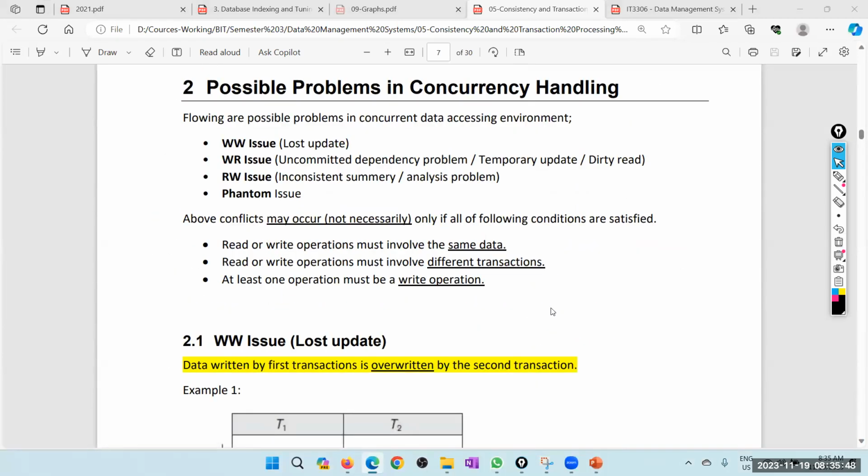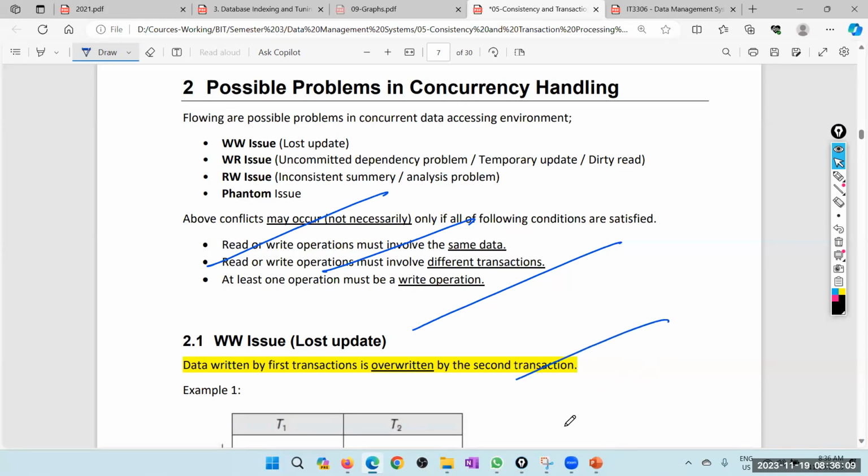Now let's move on to the possible problems in concurrency handling. Remember, concurrency handling means parallel transactions happening which involve the same data. Say two transactions are happening, but one is working with X data and the other is working with Y data.